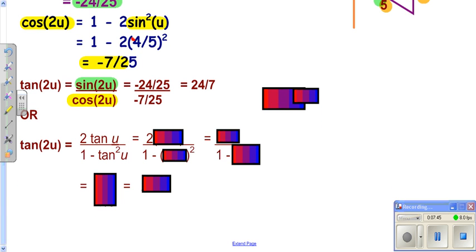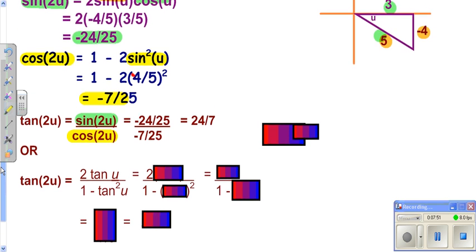You could have chosen to use the other double angle formula for tangent. So you would want to go ahead and figure out the tangent of u. Remember, the tangent of u is opposite over adjacent.